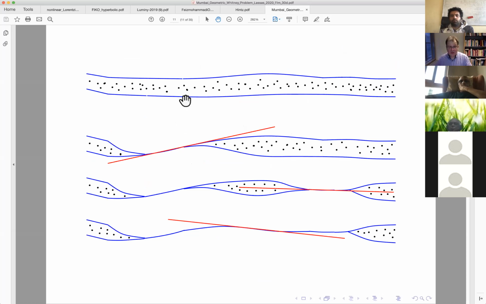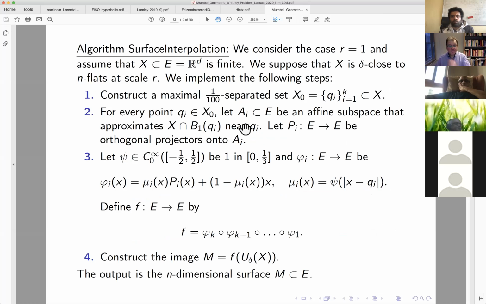So let's go here in this picture. We assume that around this area there is some affine plane that approximates this reasonably well. Then we make a combination of the orthogonal projector and the identity map. How do we do this? We take a smooth cutoff function, psi, that is close to 1 near 0. And then we define the local squeezing map.